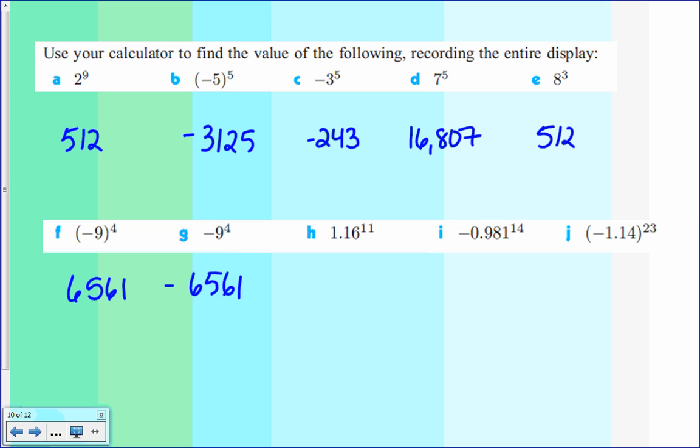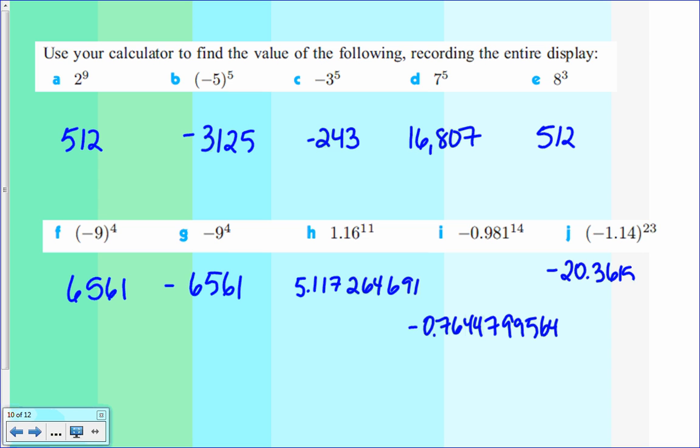So I just wrote out all the decimals that I see on my computer or calculator display. 117264691. This one is negative 0.7644799564. This one is negative 20.36158496. Woo!